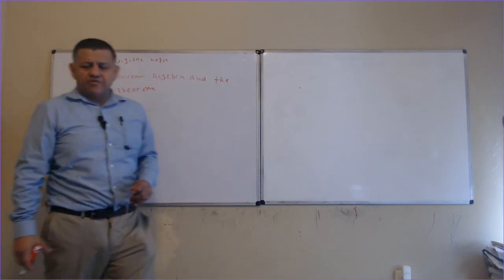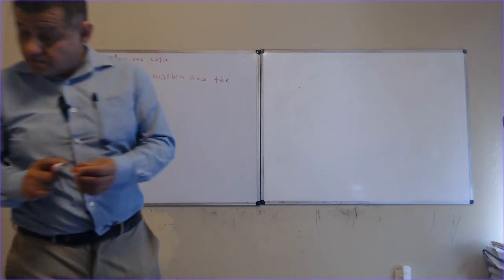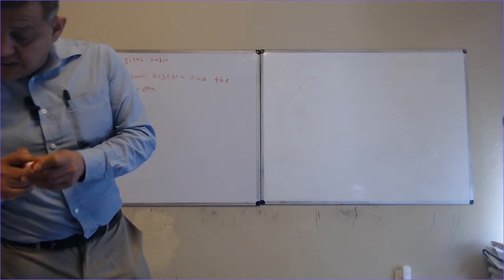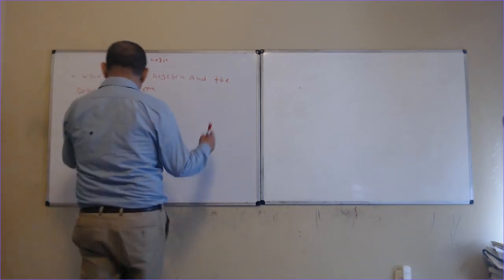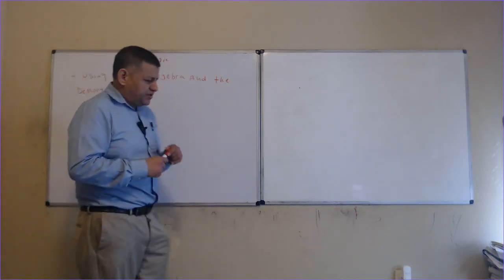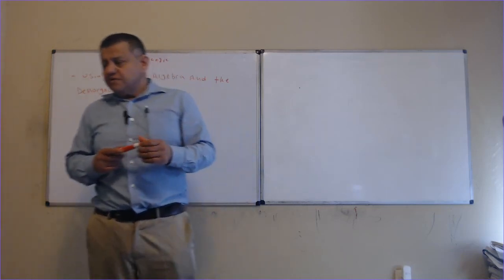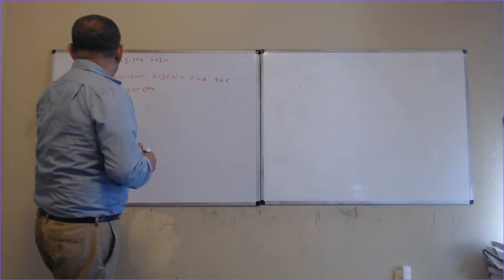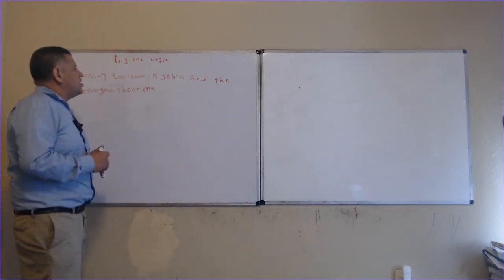So basically, that's what we're doing. We actually use them both because they can be used interchangeably to simplify problems. So with that being said, let's get it started, right?